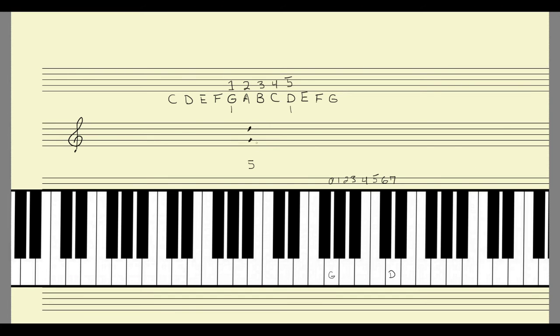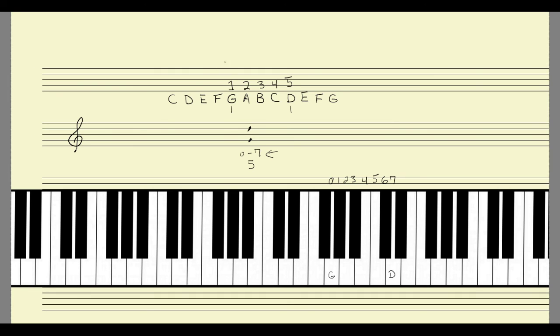So I get the answer that there are 7 half steps between G and D. And remember, when I write it out, I write it starting with the 0, just to remind myself that I'm counting 0 on G.